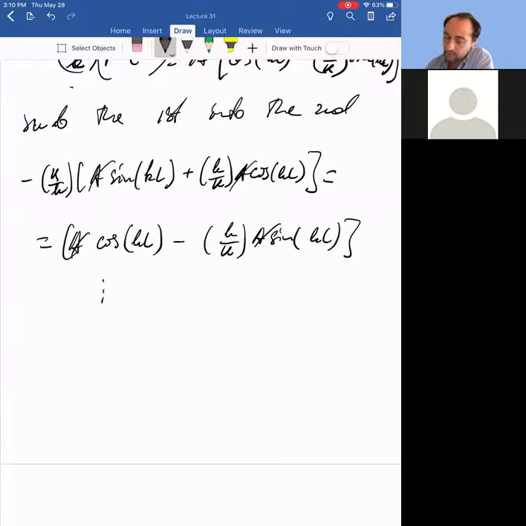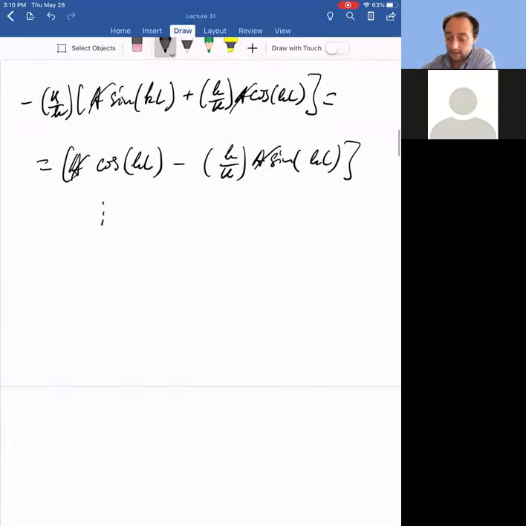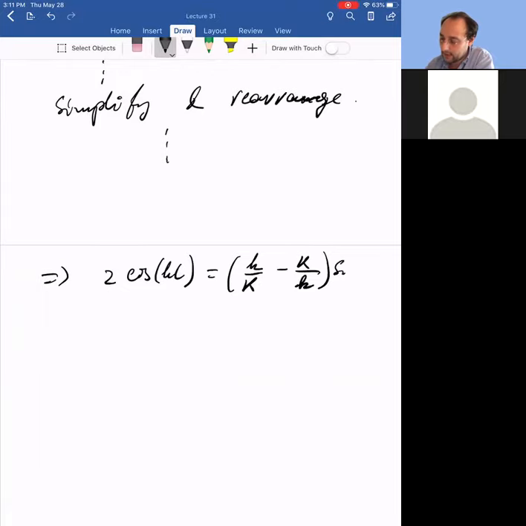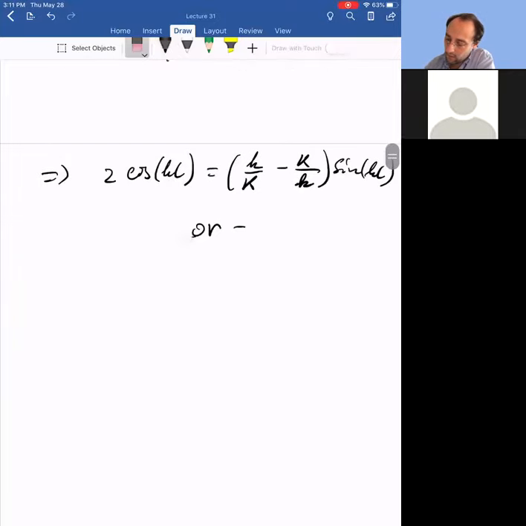Okay, so now the rest, I'm just gonna cut a lot, right? So simplify and rearrange. Okay, some more, and then you get something that looks like this. 2 cosine KL equals K over kappa minus kappa over K sine KL, or 2 cotangent of KL, not or, let me say.